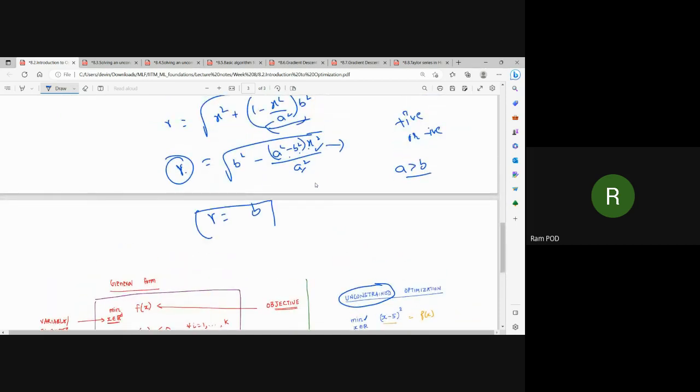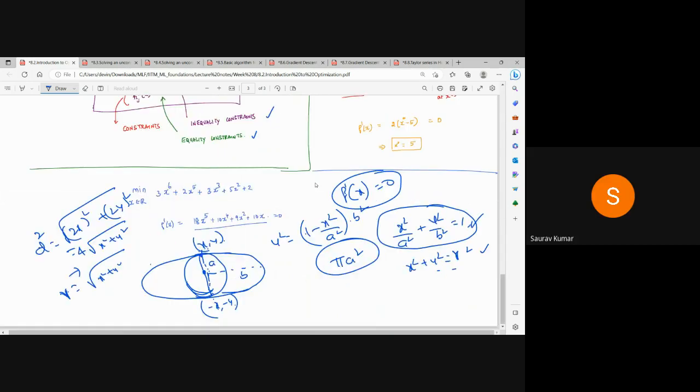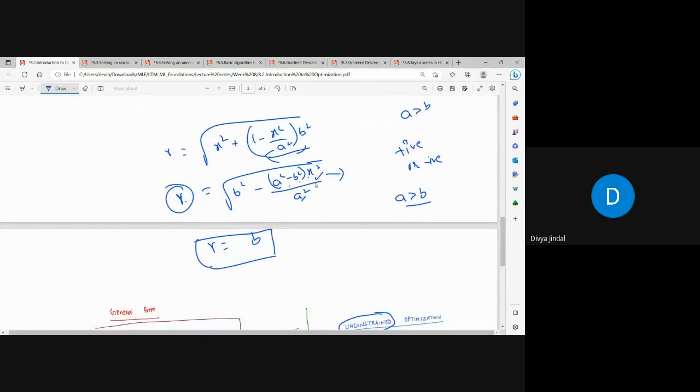That's it. You got it. If a is greater than b, a square minus b square will always be positive. A square minus b square all multiplied by x square, divided by a square, will always be positive.